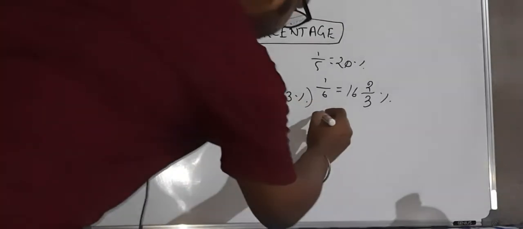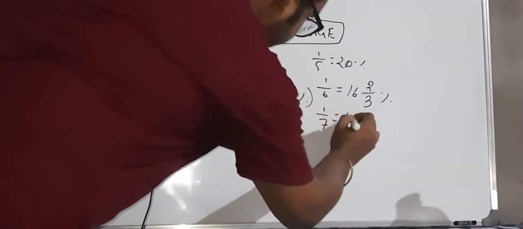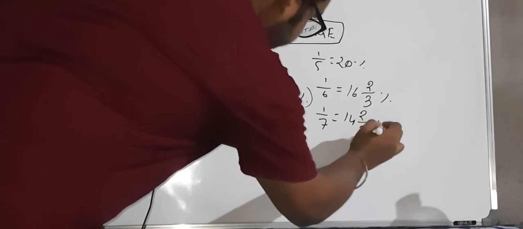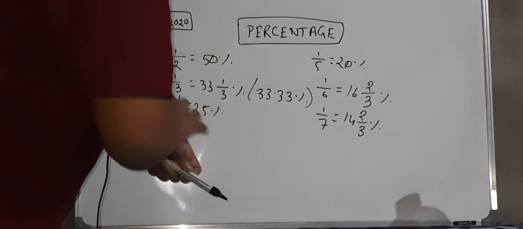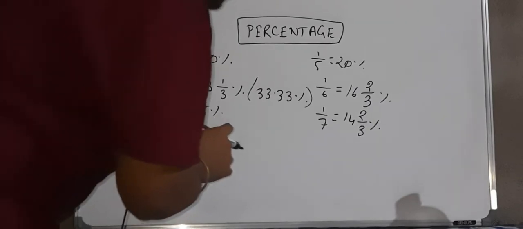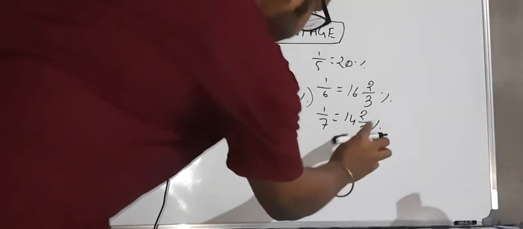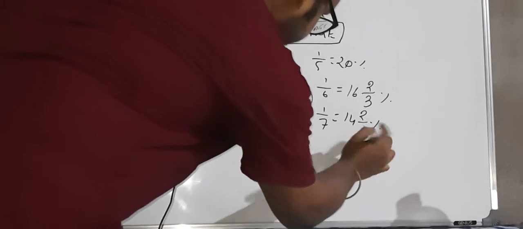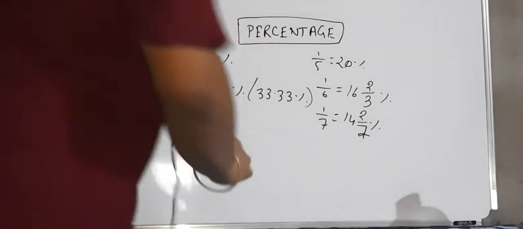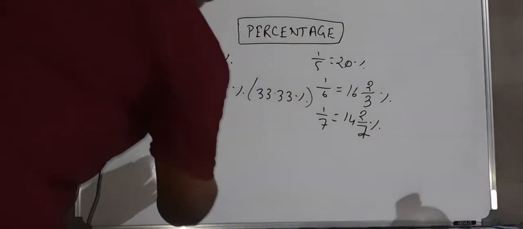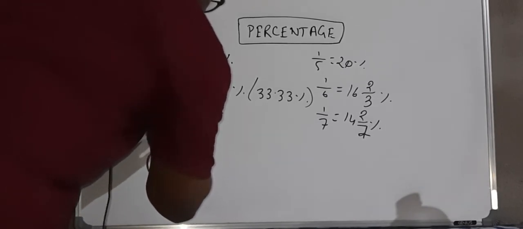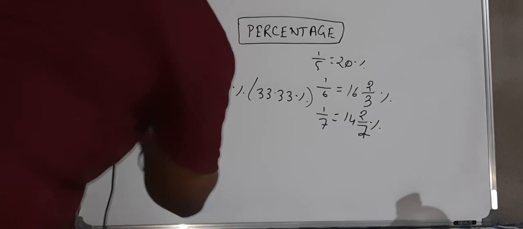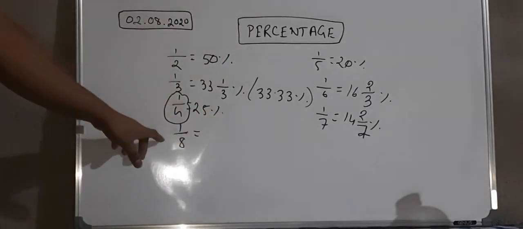Now again 1 by 7, 14 2 by 7%. Yeah, it's 14 2 by 7% only. Again 1 by 8, 1 by 8 into 100. Now you can find the answer of 1 by 8 from 1 by 4.